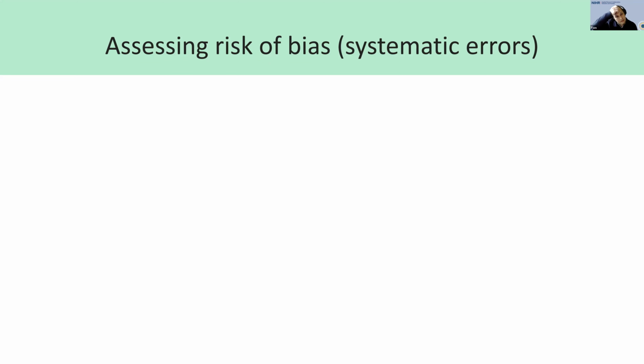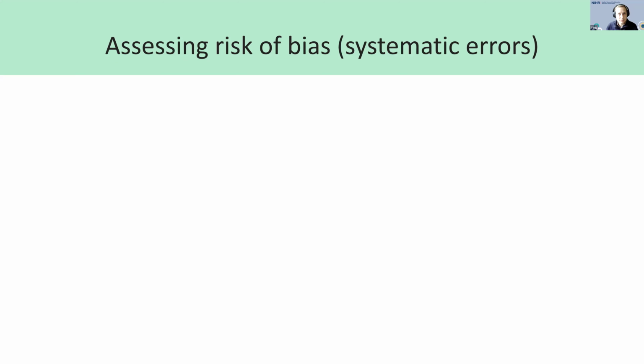So another common thing that we do in systematic reviews is to assess risk of bias. And when we talk about risk of bias, we're talking about systematic errors in the result that have arisen due to the conduct of the study or the analysis or the reporting of it.